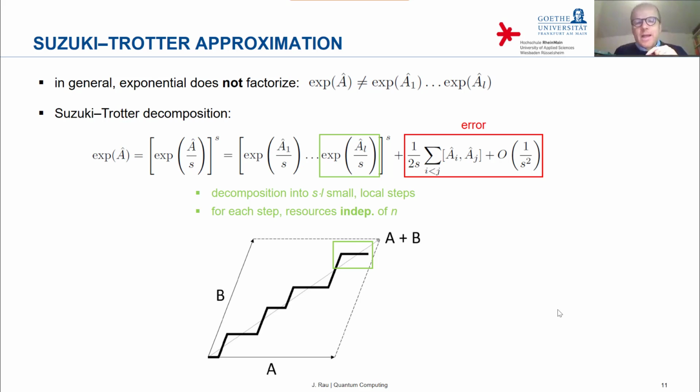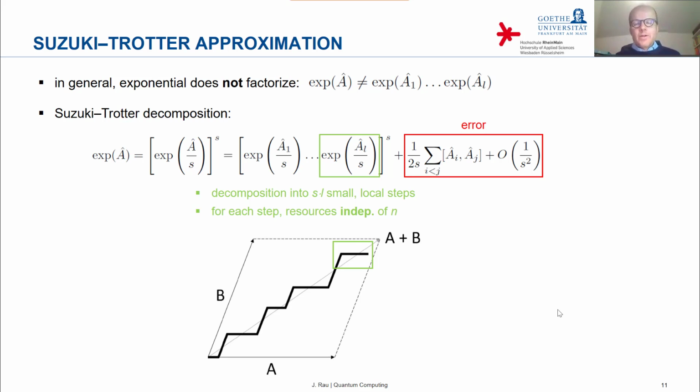Remember that we had L terms in the exponent, so the index i of the operators A_i ran from 1 to L. And then you can look at how many different commutators there are. You have pairs of A_i and A_j, where the number of different pairs scales with L squared.